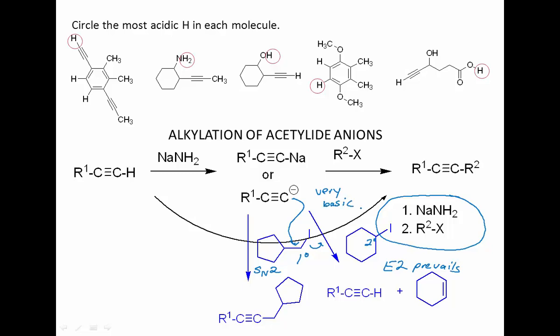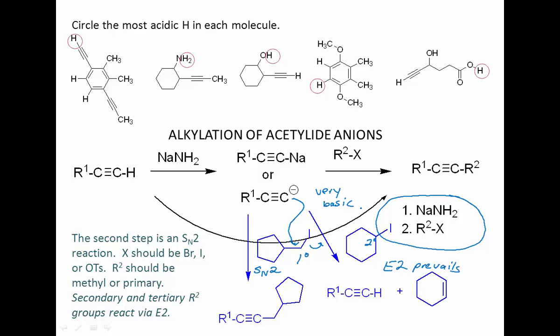Okay, so we can summarize this alkylation step in that it's an SN2 reaction. The leaving group should be bromine or iodine or tosylate. Occasionally it's chloride, but not usually. It needs to be a little bit more reactive than that usually. It's never fluoride. R2 should be methyl or primary, because when it's secondary or tertiary, the E2 pathway takes over.